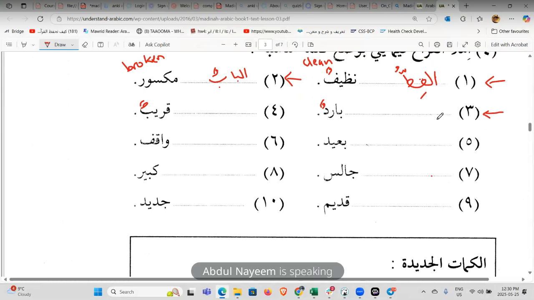Baridun is cold, and qaribun is near. But you have to make a sentence with cold. You have to say something is cold, something is near. You have to pick one of the nouns. Make sure it has alif and lam, and then you form a sentence that way.